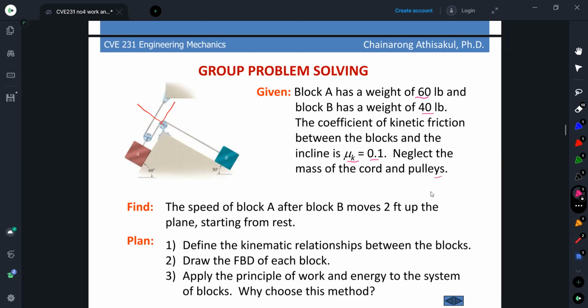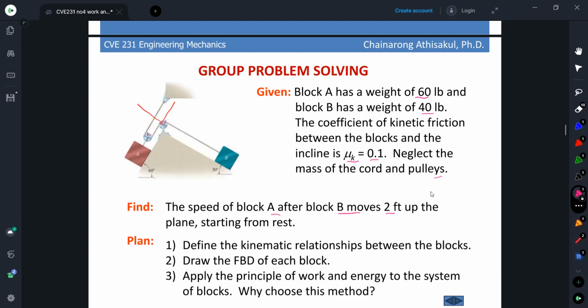We would like to determine the speed of block A after block B moves up 2 foot, and the system starts from rest.